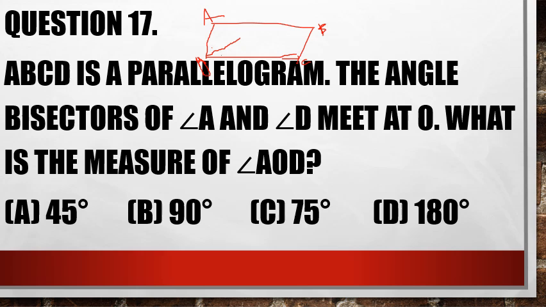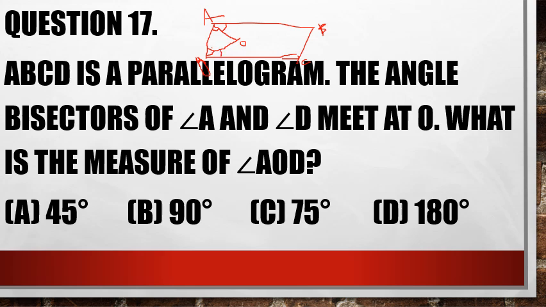This and this angle are equal, and from point D and at angle A, the bisectors meet at point O. This is also a bisector, and these two angles are equal. This angle and this angle are also equal.